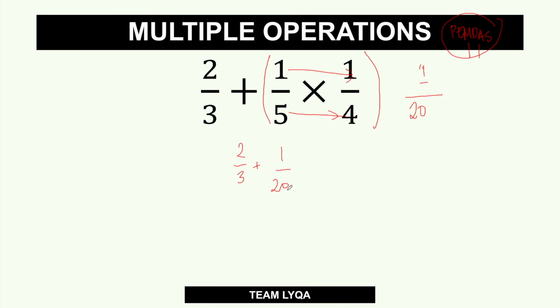So, 20 cannot be divided by 3, and neither can 40. So, I'll multiply them. 20 times 3. The LCD is still 60. Okay, 60 divided by 3 is 20 times 2, that is 40, plus 60 divided by 20 is 3, times 1, that is 3, equals, so the answer here would be 43 over 60. And since I can no longer reduce it to lowest terms, that's my final answer.